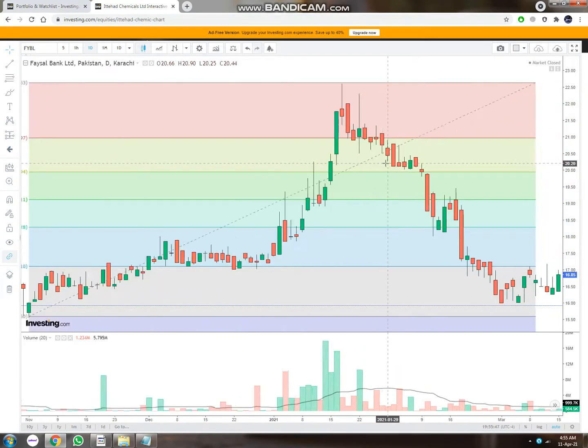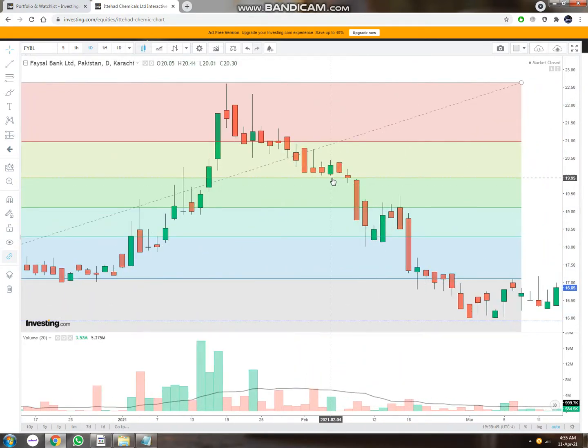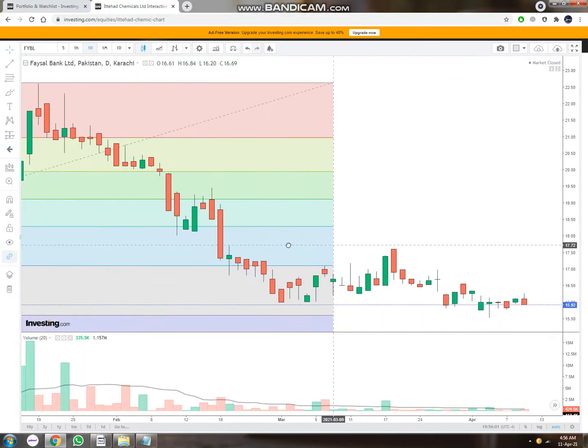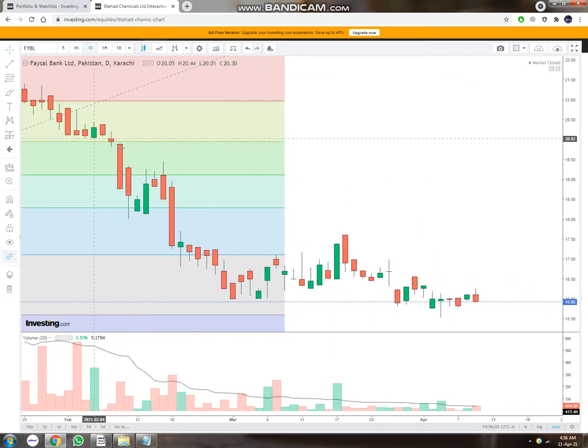Now it's clear. At this level I thought this would be a pullback, but as you can see I didn't define my stop loss, and from this point it started to move downward.